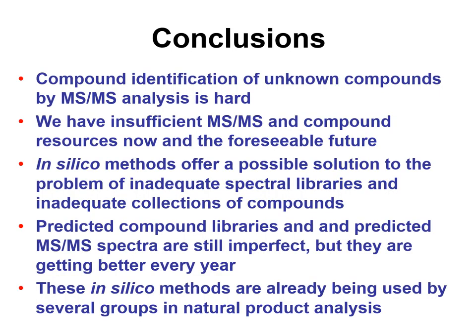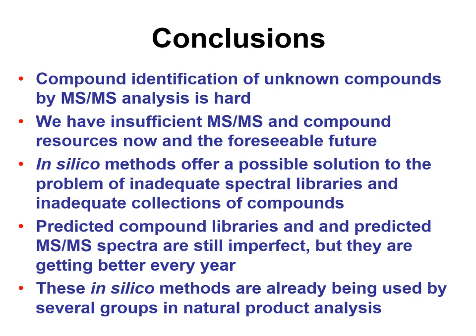So to wrap up, I wanted to emphasize that compound identification is hard, especially with unknowns, and doing it only by MS is even harder. I've tried to highlight that we do not have sufficiently large tandem MS spectral libraries or compound resources to do unknown identification, and that unless we have a change in thinking, we will never have sufficient resources to do absolute experimental identification.